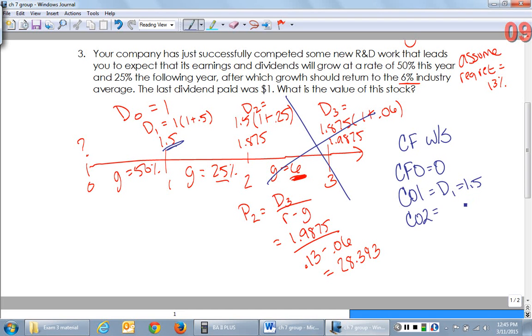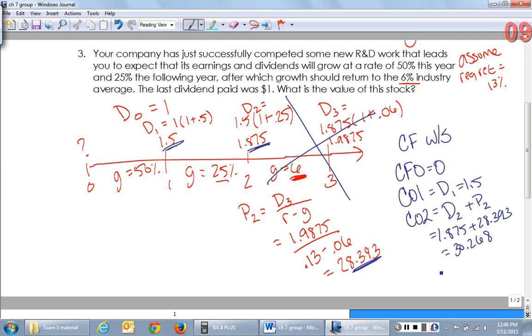Cash flow at time period 2, there are two cash flows: we have the dividend at time period 2, and we have the present value of all dividends thereafter, so the price at time period 2. Dividend 2 plus the price at time period 2. So 1.875 plus 28.393 gives you 30.268.